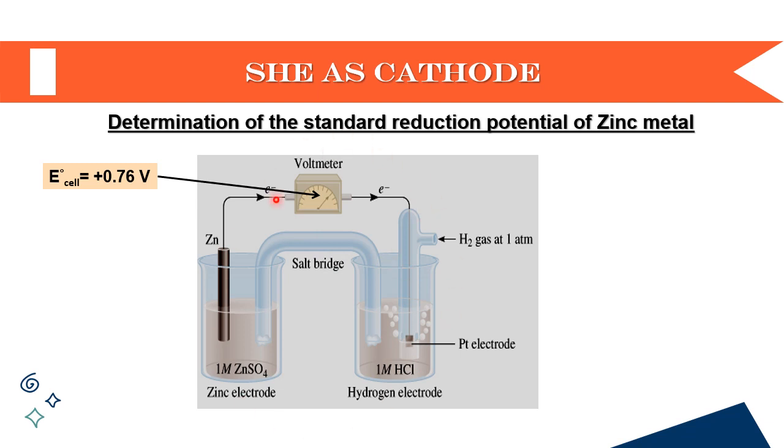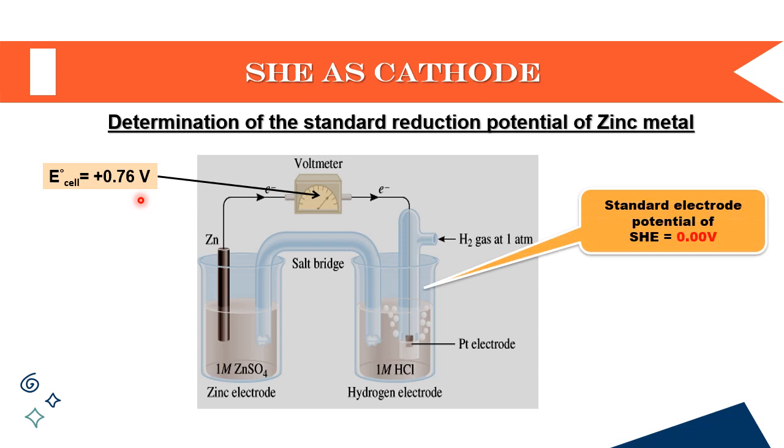If we do this setup, the value of the E naught cell will be positive 0.76.